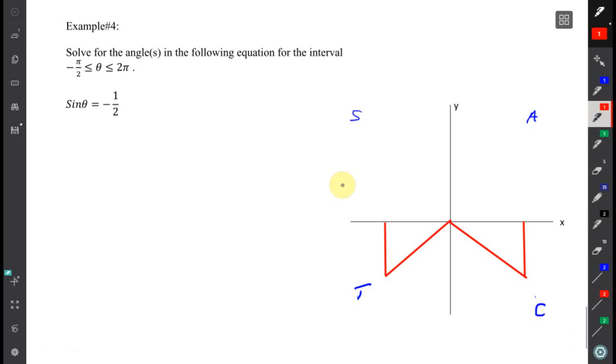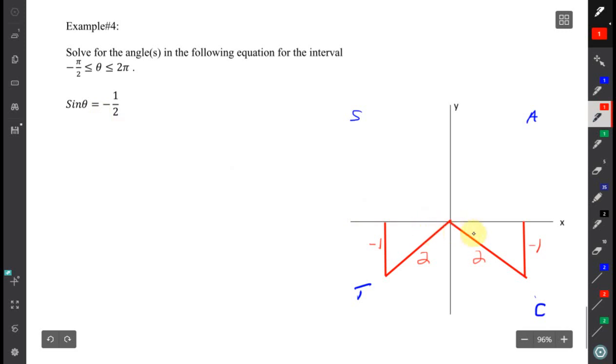Now we want to label our sides, so the opposite. Now keep in mind that the hypotenuse is always positive in the Cartesian plane. It's a rotating arm. It's not an xy value, so it's always positive. So that means that the opposite is the negative value, and that makes sense with our diagram. And so the first thing we're going to be doing then is we're going to find what this angle is.